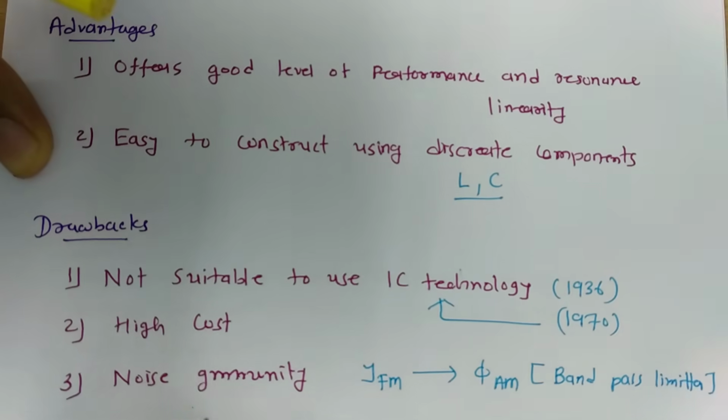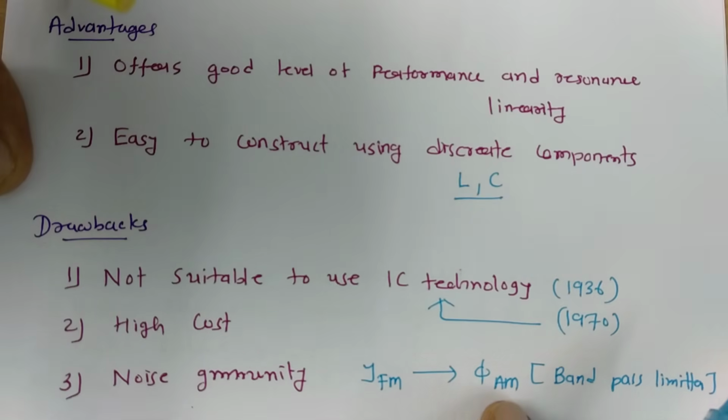So it has amplitude noise because when we translate from Y of FM to phi of AM by the tuned amplifier, it introduces some amplitude noise. So we need to have a band pass limiter at this end. This drawback we can resolve in the next technique, where I'll explain the phase detector, and how we can remove this disadvantage.